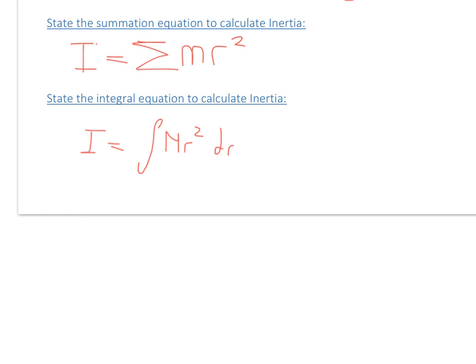So for things like a wheel, if you want to be able to accelerate that wheel very quickly, you want a very low moment of inertia, so you're going to want to concentrate the mass towards the center of that wheel. And very often with wheels, you'll see they pack as much of the mass into the center, and then it tapers off. It gets thinner and thinner the further away it gets, trying to minimize the moment of inertia.